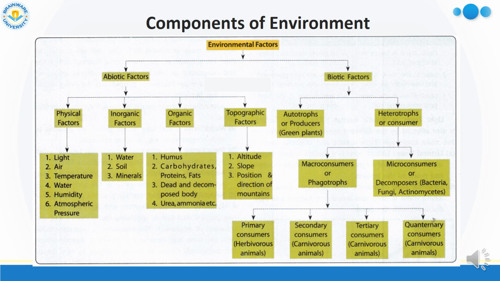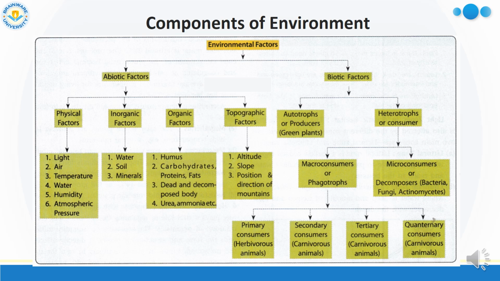autotrophs and heterotrophs. Autotrophs means producers who can produce their food itself, and heterotrophs means consumers, that means who depend on producers.